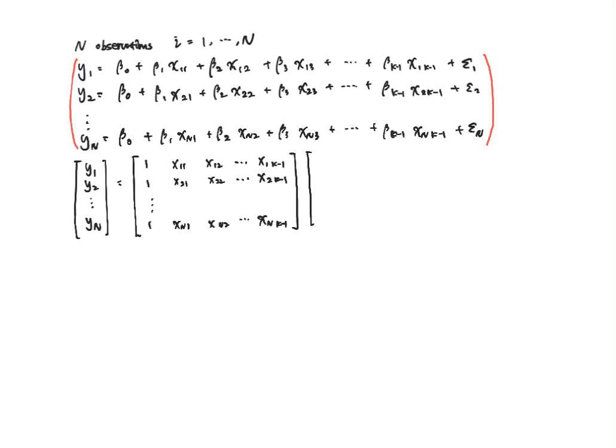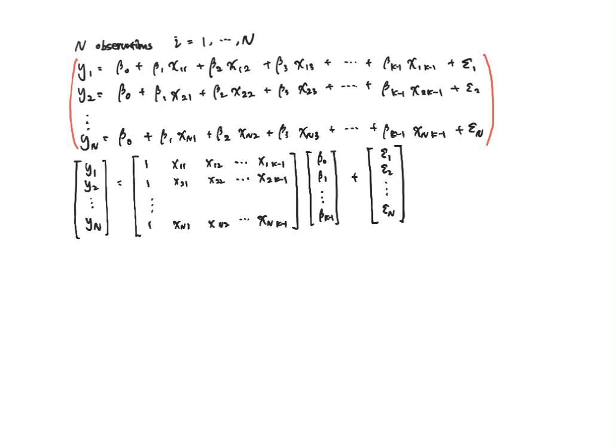Here we have the parameter vector, the beta vector, beta 0, beta 1, up to beta k minus 1. Plus we also have the error vector: the first error, the second error, until the nth error.